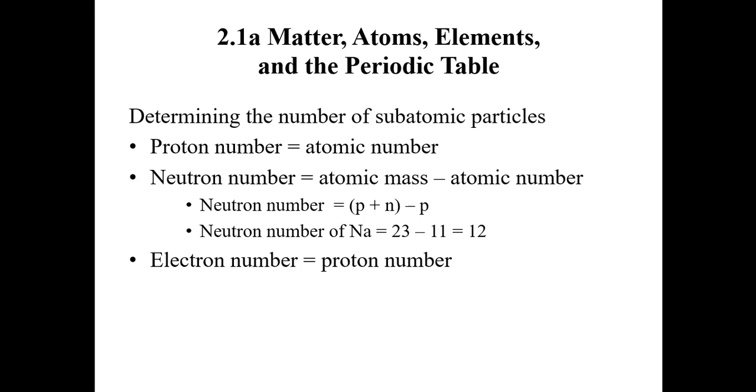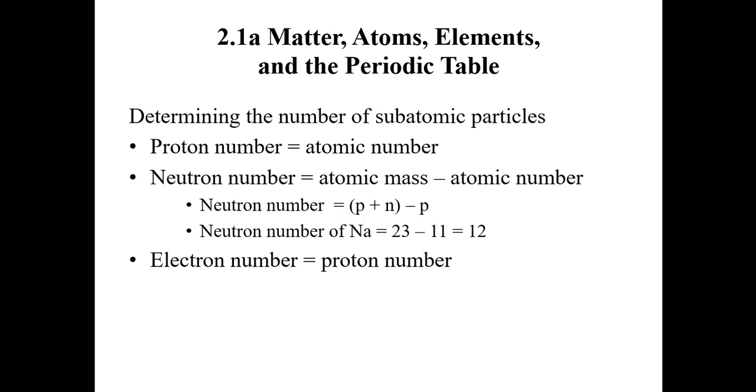Then we have our neutrons. Now the neutrons are related to the mass, but it's really the atomic mass minus the atomic number. Because remember, we said that what two things make up the mass? The protons and the neutrons. And if we want to find the neutrons, then what we do is we take the mass, we subtract the atomic number, which is basically the number of protons, and that's going to give me the neutron number. So in this case here, the author is using sodium as an example. The mass of sodium is 23 grams.